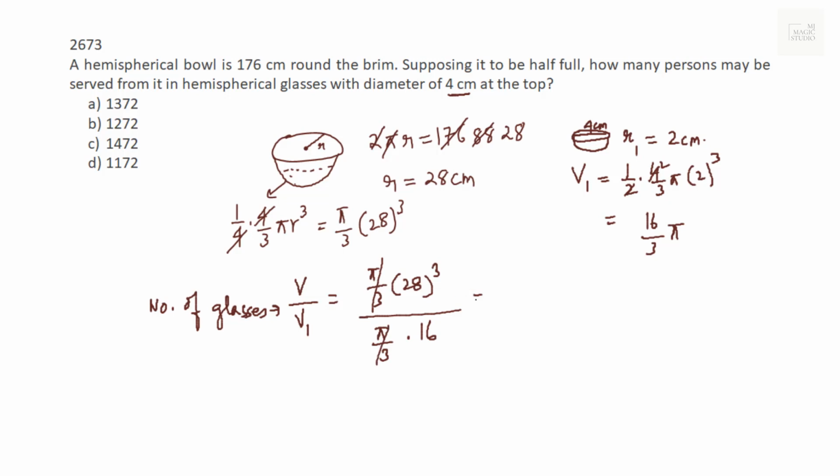I cancel this, that would be 28 into 28 into 28 by 4 into 4. 4, 7, 4, 7, 49 into 28. That features in option A. 1372 people may be served.